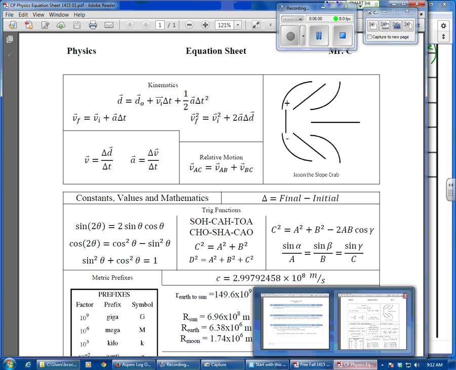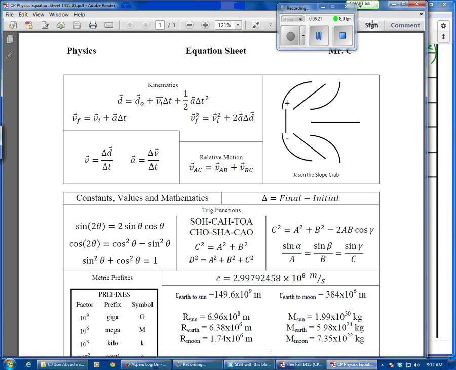Which one do you think we should go with? The one based on changing your speed because of time, or changing your speed because of distance? We could actually do either one, right? Because we know the time and we know the distance. But let's grab the time one, because isn't the math a little bit easier? Yeah, there's none of those nasty squares. So let's grab this one.